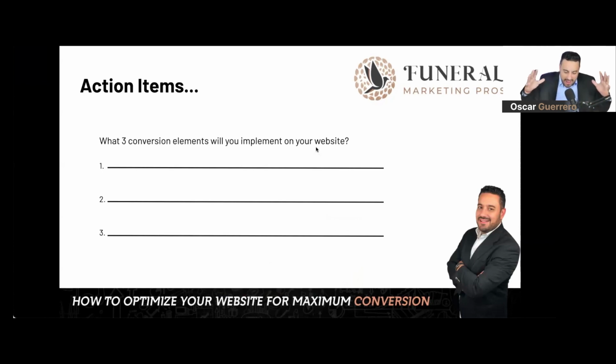What I find is oftentimes at workshops or webinars, there's so much information coming at us that we get information overload. We want to do everything and we end up doing nothing, right? So what I found that works is to pick the top three things that you can change on your website that are going to increase the number of conversions your funeral home gets.